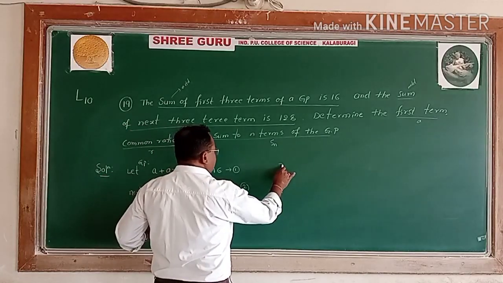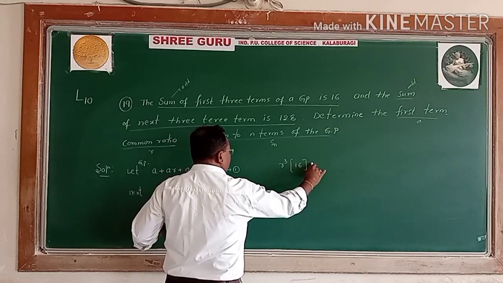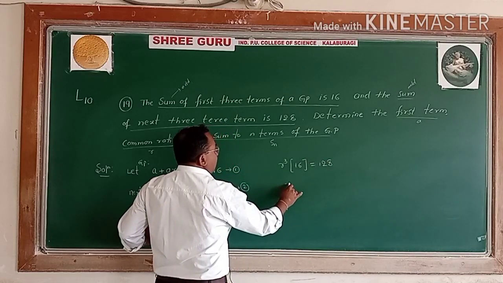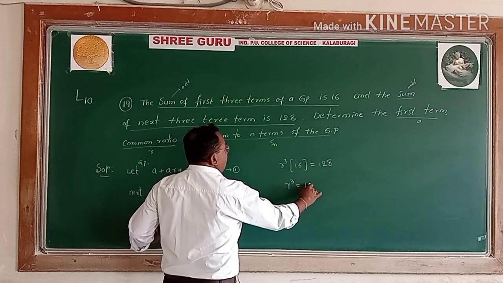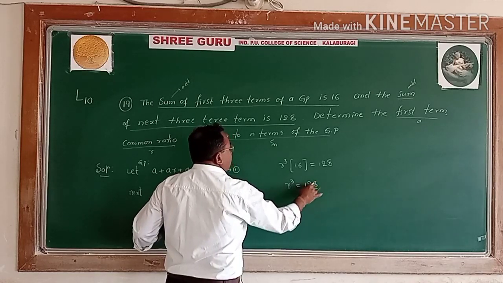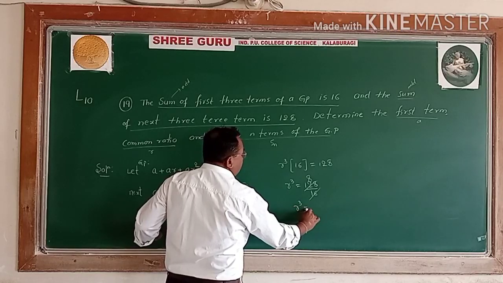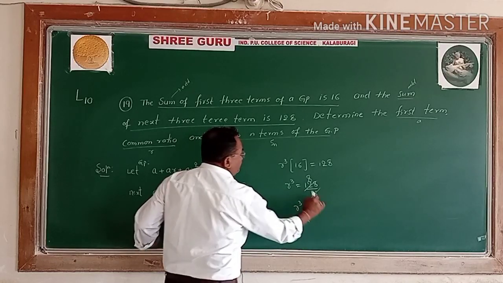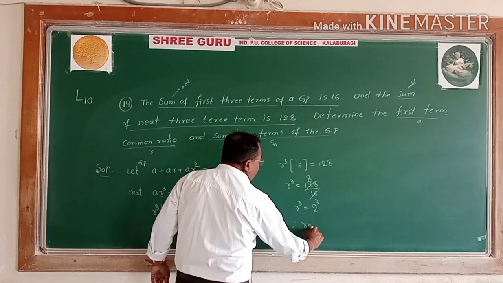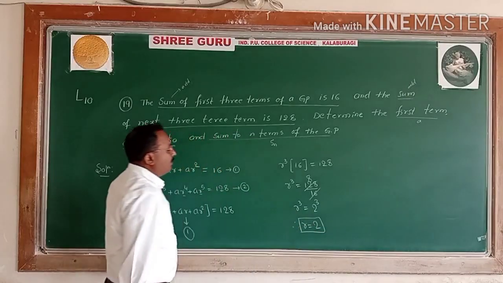R cube as it is, 16 is equal to 128. R cube is equal to 128 divided by 16, that is 8. R cube is equal to 2 cube. Therefore, R is equal to what? 2. Yes, R our common ratio is complete.